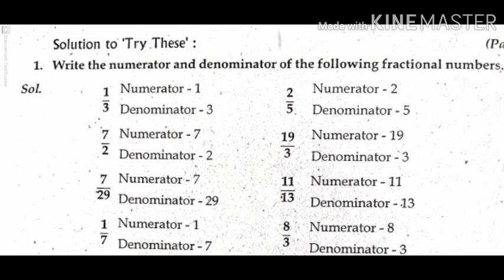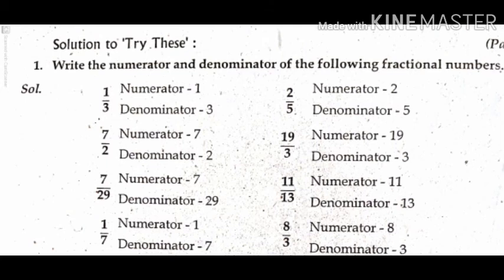Solution to Try This. First question, write the numerator and denominator of the following fractional numbers. Solution, 1 by 3: numerator is 1 and denominator is 3. Next, 7 by 2: numerator is 7, denominator is 2. Next, 7 by 29: numerator is 7, denominator is 29.